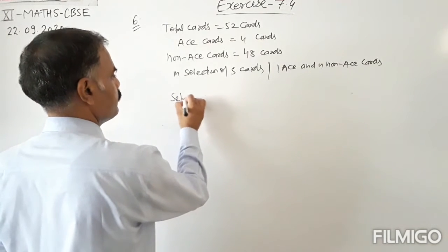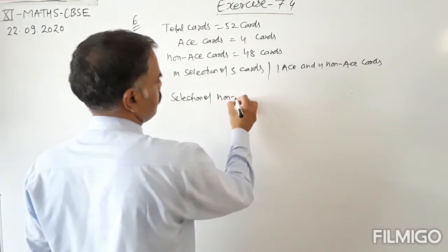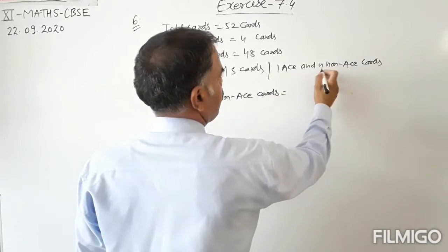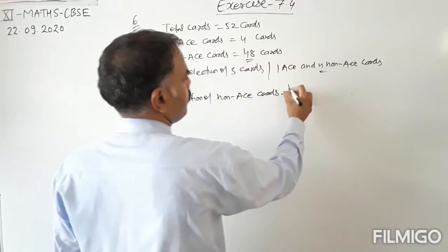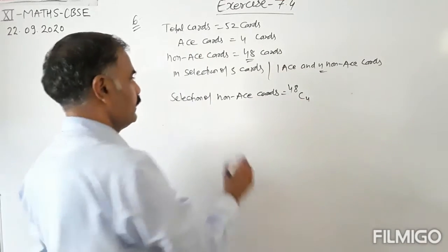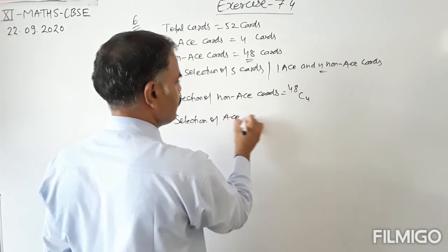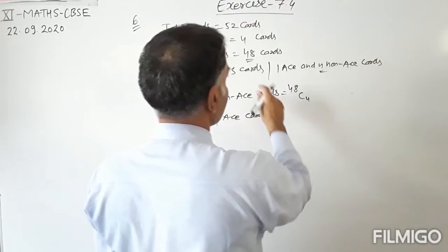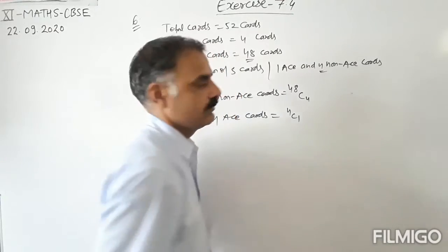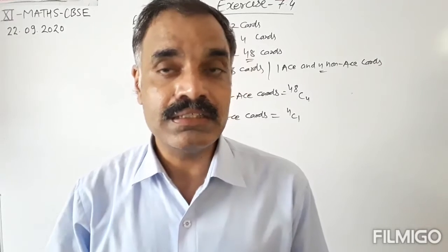So selection of 4 non-ace cards out of the 48 is 48C4. And selection of 1 ace out of 4 aces is 4C1. First we select non-ace cards, then we select the ace.